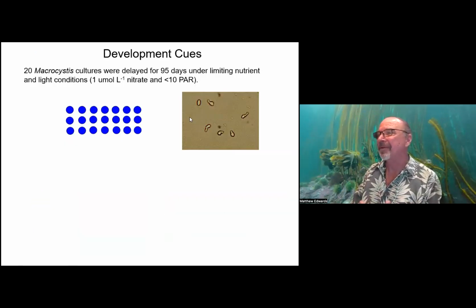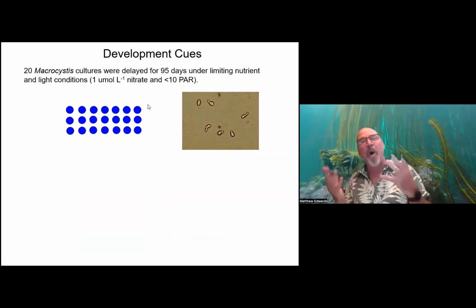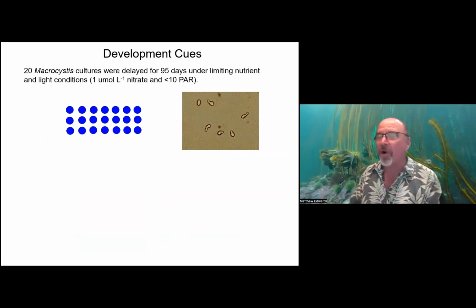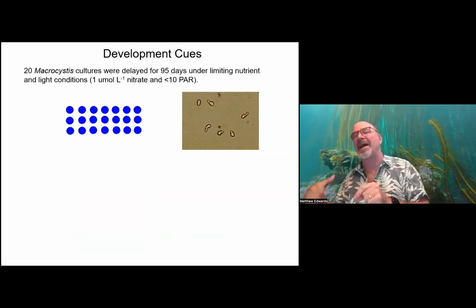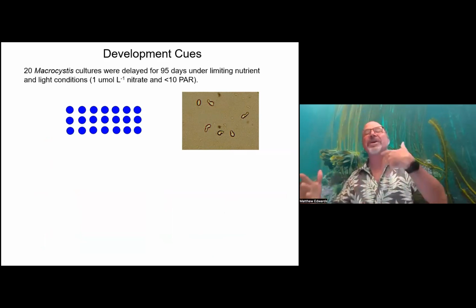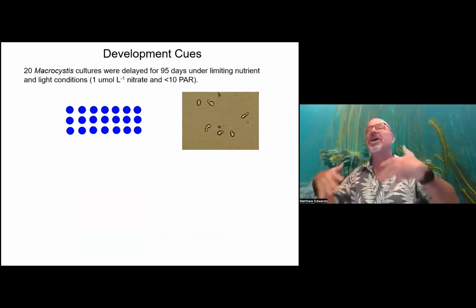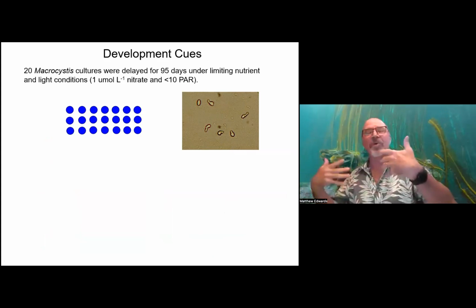So to understand why these things came out of dormancy, Laura went into the lab, seeded these things in a whole bunch of petri dishes, and looked at the differences between light, which is that canopy removal, that increase in the irradiance, and increase in nutrients, which comes in with that upwelling.